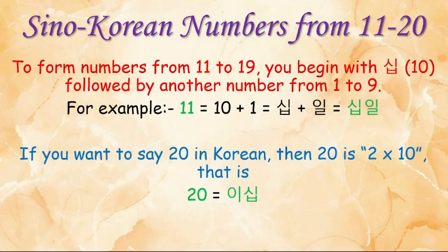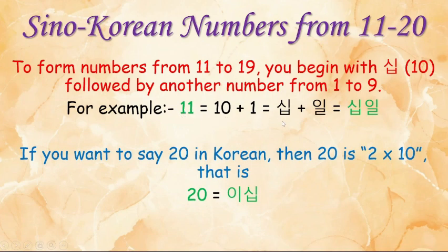Suppose you have to form numbers from 11 to 20. To form numbers from 11 to 99, you need to begin with shib, that is 10, followed by another number from 1 to 9. For example, you have to say 11 in Korean. Now 11 is a combination of 10 and 1.